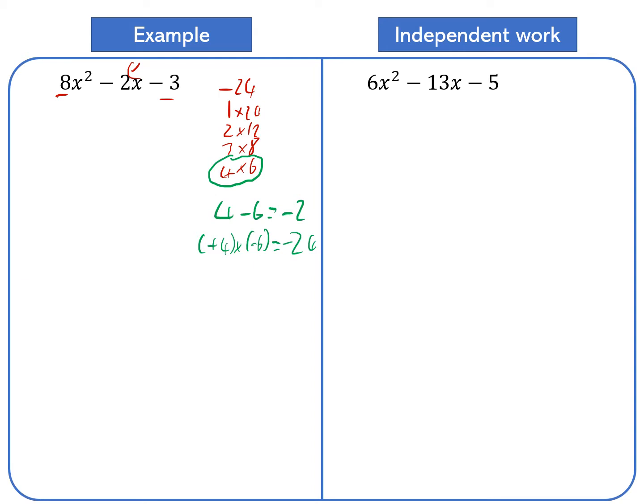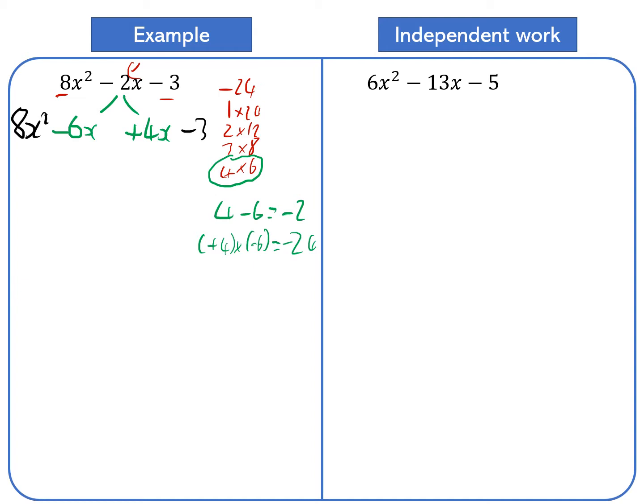Brilliant. I've got 8x squared drops. Let's try and make that a bit neater, eh? 8x squared drops. The minus 3 drops. And now I split that up. Remember, if I can, it's easier if I plonk that negative over here, because I've got 4 and 6, but it's much easier to deal with the positive 4 over here.